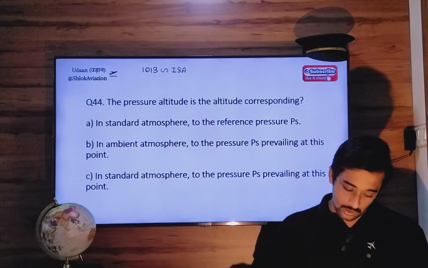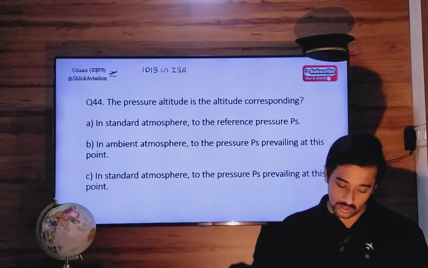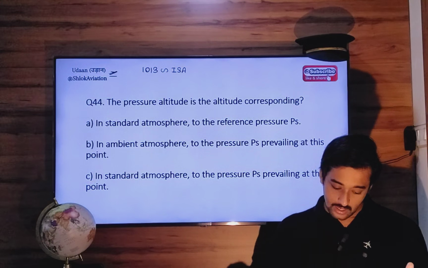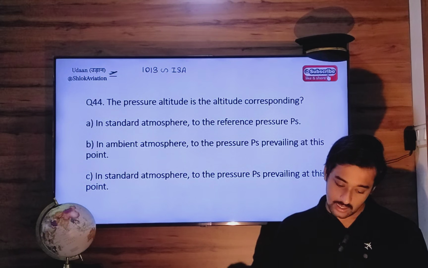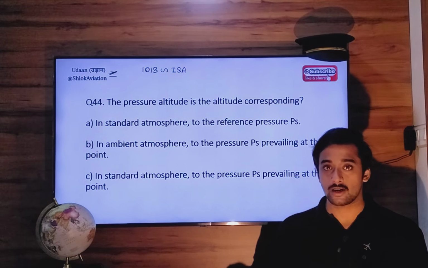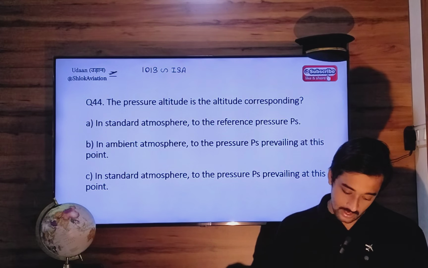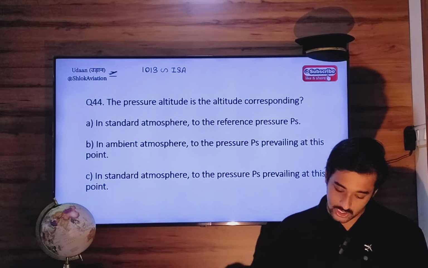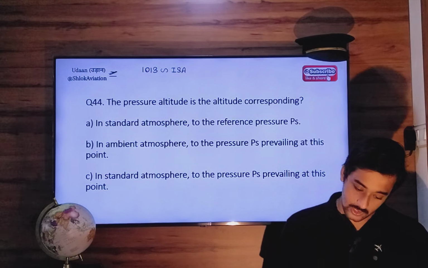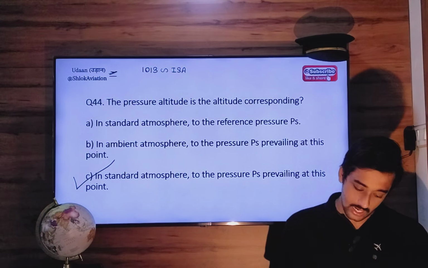So it is the altitude corresponding in standard atmosphere with reference pressure in ambient atmosphere. In ambient atmosphere to the pressure prevailing at this point at your present location. In standard atmosphere to the pressure prevailing at this point. So correct answer is option Charlie.